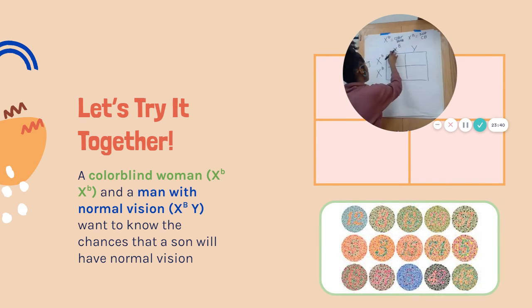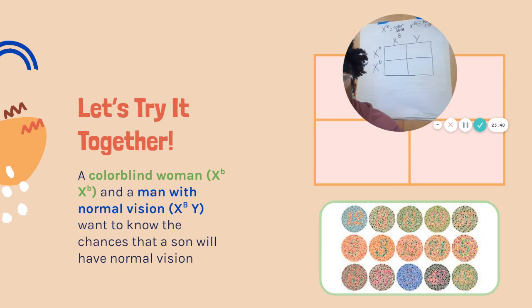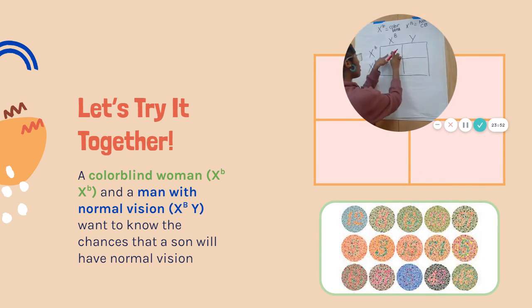So let's look. We have X and X. So in this box right here, I'm going to try and really show this well. This is usually where kids will get confused. So right here in this box, X big B, X little b.